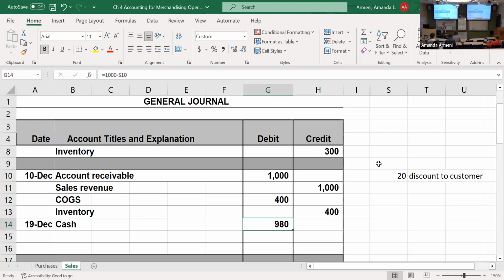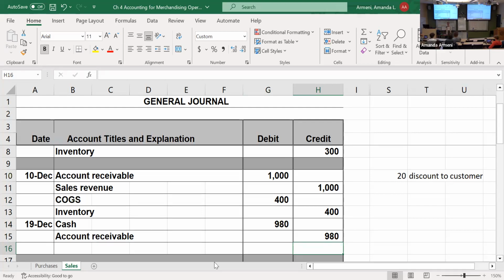But every time a customer pays us, we should also show that their account receivable is going down. So our entry needs to include a credit to account receivable. How much should that credit be? Kayla? 1,000, right? If you put $980 in that credit, what your accounting records show is that that customer still owes you $20.